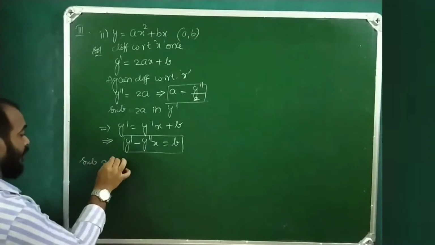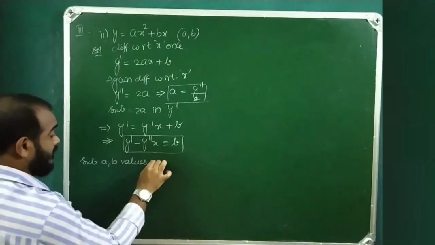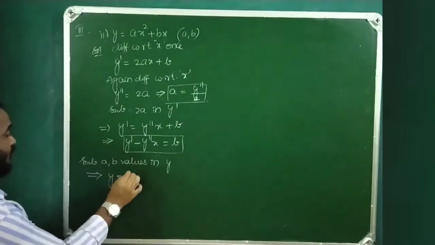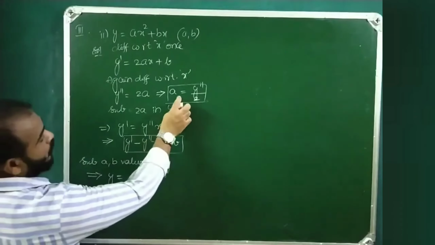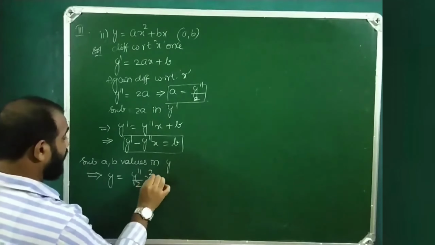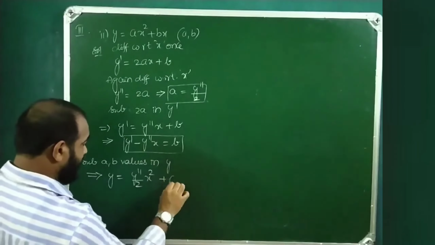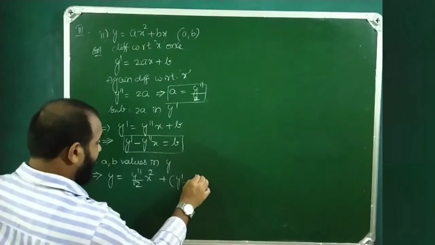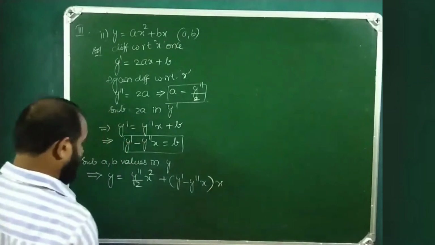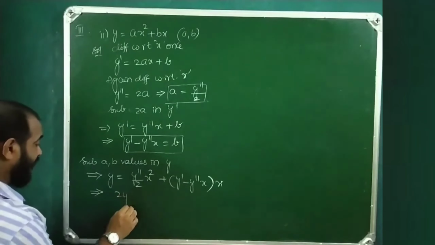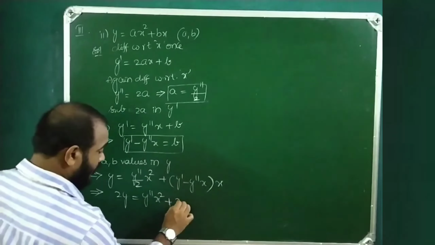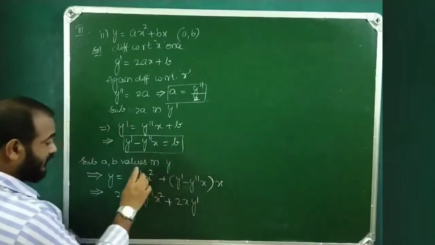Substituting a, b values in y, we will get y is equal to the value of a, y''/2, into x², plus b value, y' minus y'' x, into x.